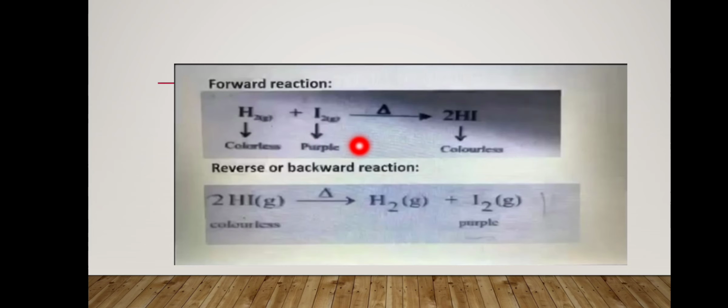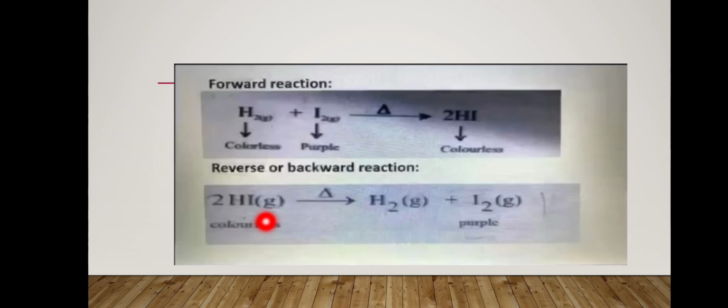H2 and I2 are converted into 2HI. This reaction is called the forward reaction. The reverse reaction is also called the backward reaction. On the other hand, when only hydrogen iodide is heated in a closed flask, the purple color appears because of the formation of iodine vapors, as 2HI is heated, it is converted into H2 and I2.